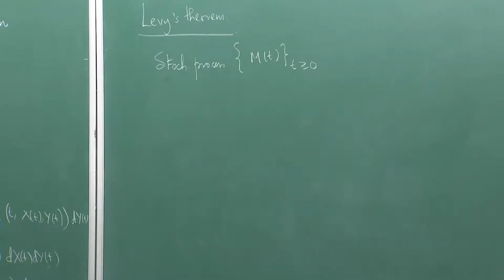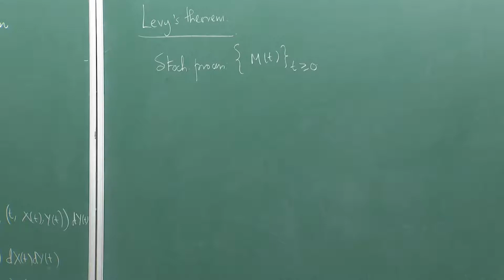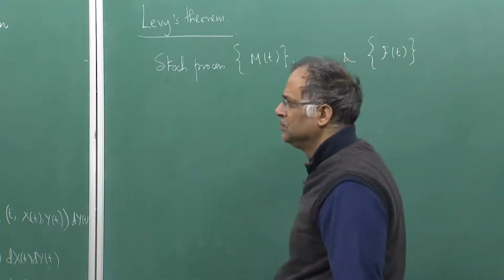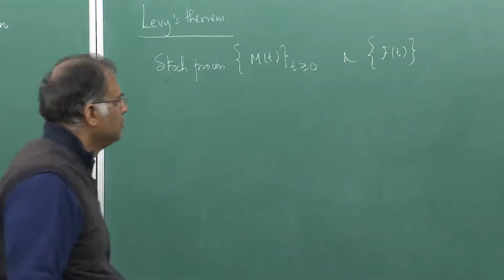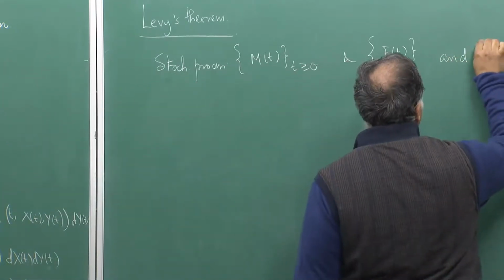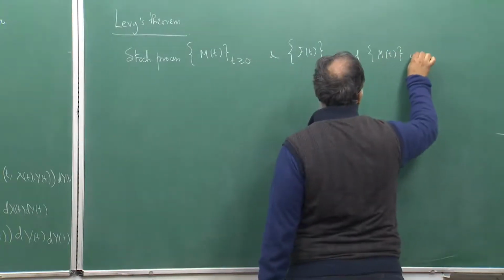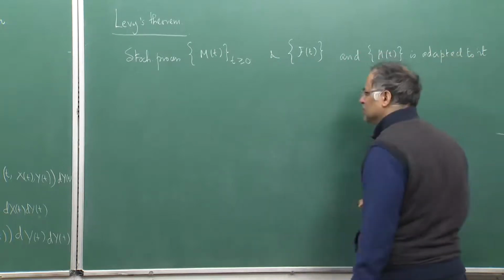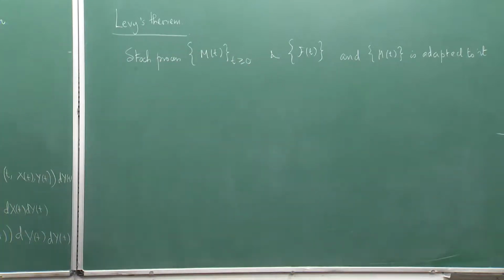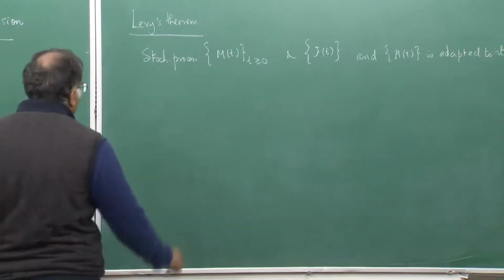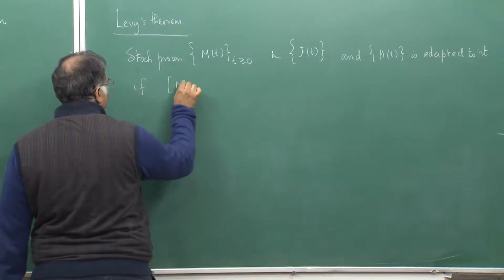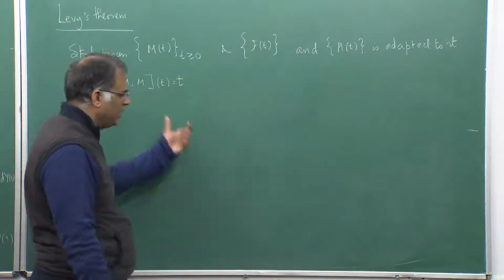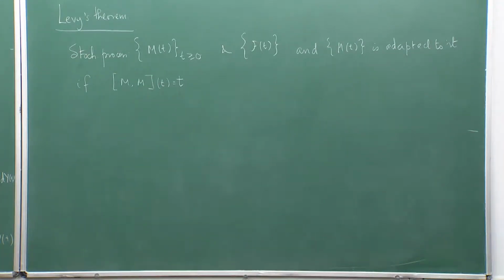Now, suppose you have additional information that there is a filtration F t to which this stochastic process M t is adapted, and then additionally if you have the quadratic variation to be t, at time t the quadratic variation is of the amount t, which is path independent, right.